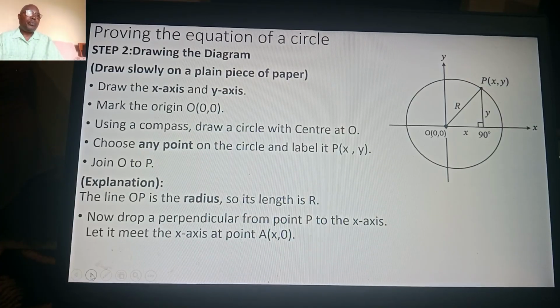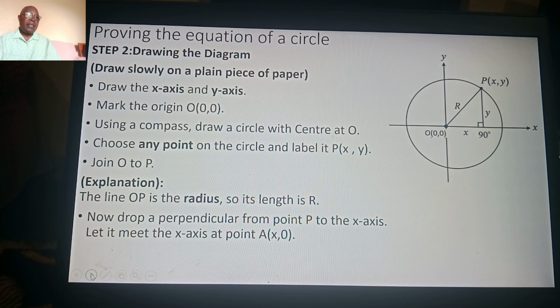Step 2. Drawing the diagram. Draw slowly on a plain piece of paper, or follow the following instructions. Draw the x-axis and y-axis. Mark the origin O (0, 0).